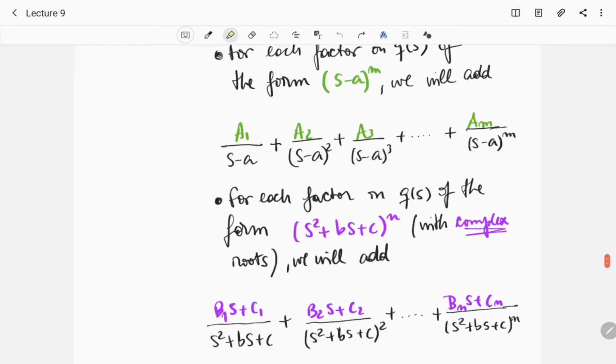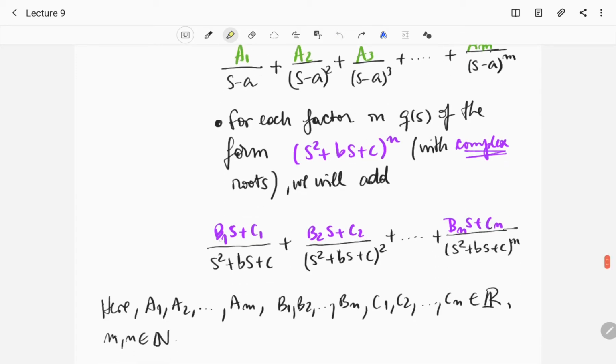Then for each factor of q that is a quadratic polynomial with complex roots, and we have this power n, what we will add is not just a number here, it is a linear function, like b1 times s plus c1 over this quadratic function.